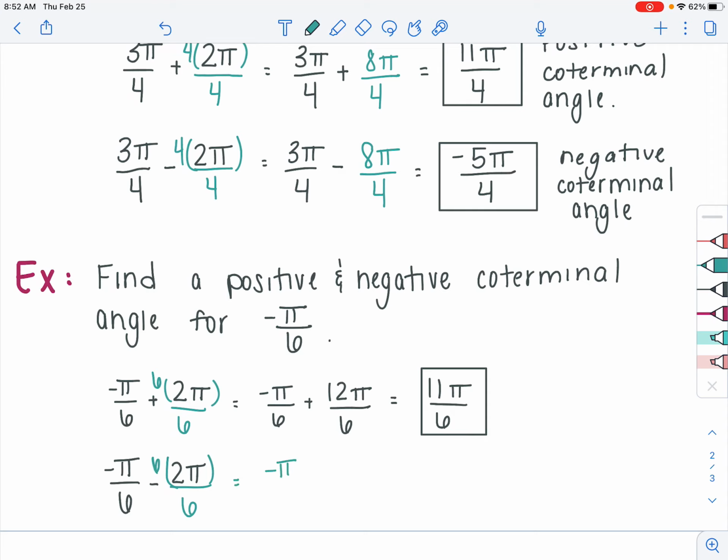I get negative pi over 6 minus 12 pi over 6, which gives me negative 13 pi over 6, which would be my negative coterminal angle. So now, if I was given a situation, like maybe I was given negative 13 pi over 6 to begin with, and they asked me to find a positive and a negative coterminal angle.